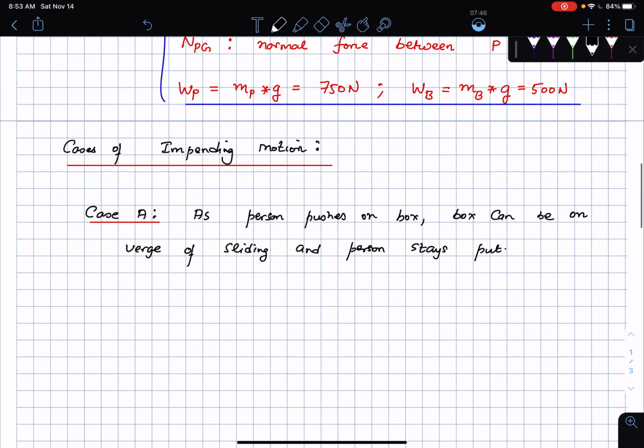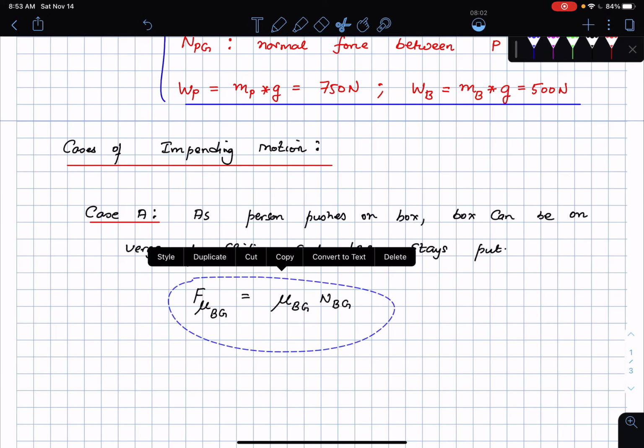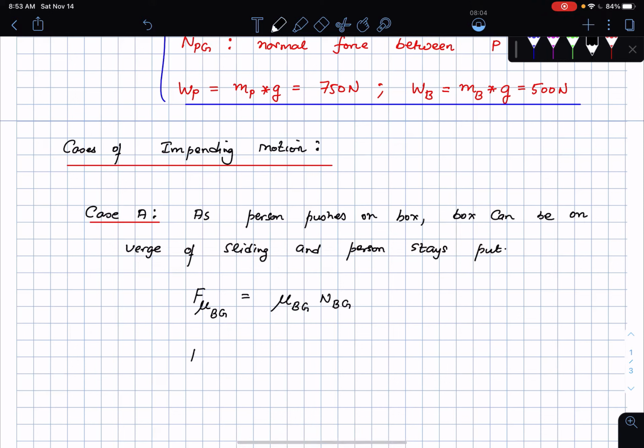Okay, which essentially means that if I look at the friction force between the box and the ground, this friction force is actually equal to mu bg times nbg. This is because motion is impending between the block and the ground, but that is not the case between the person and the ground. The friction force between the person and the ground should be less than mu pg times npg.